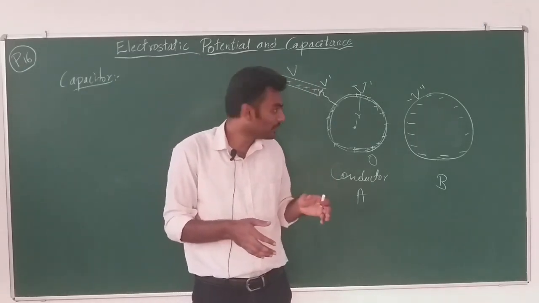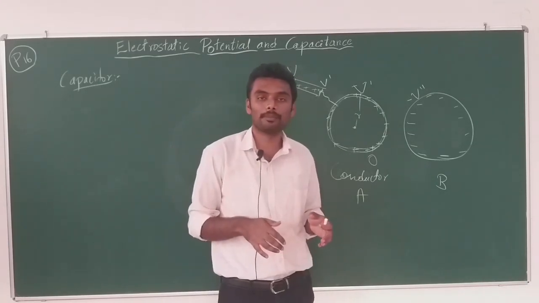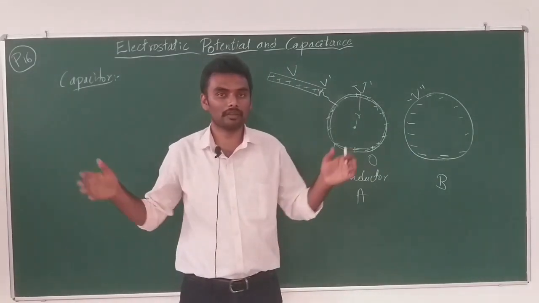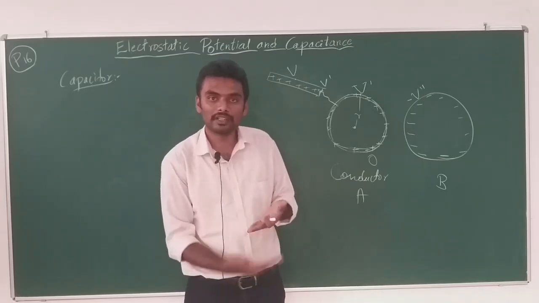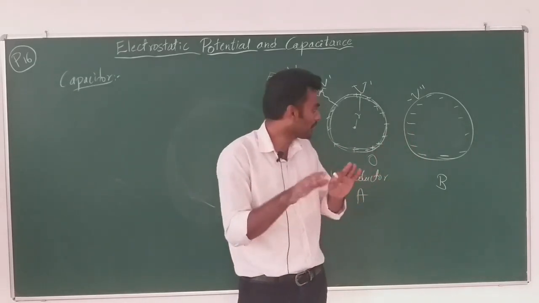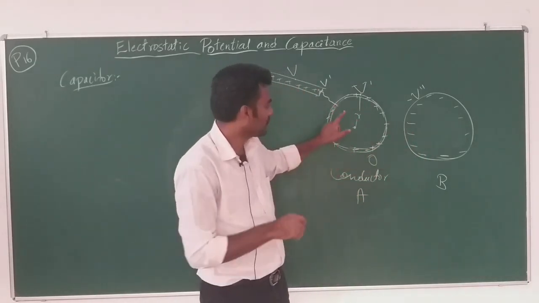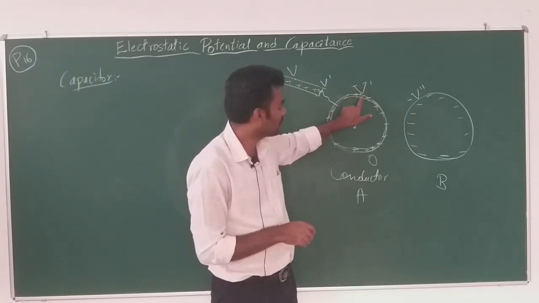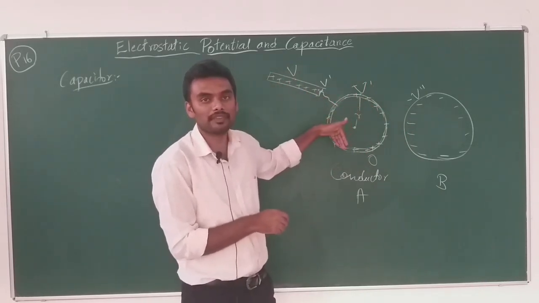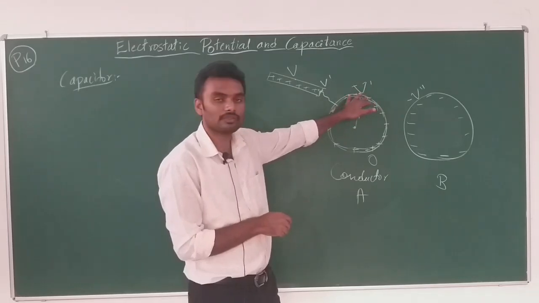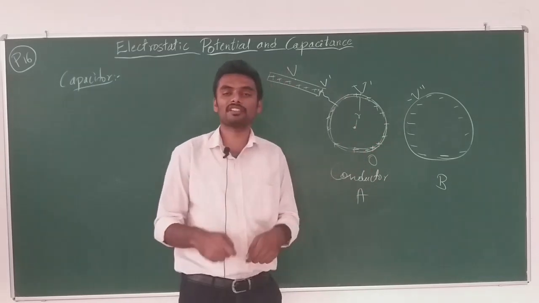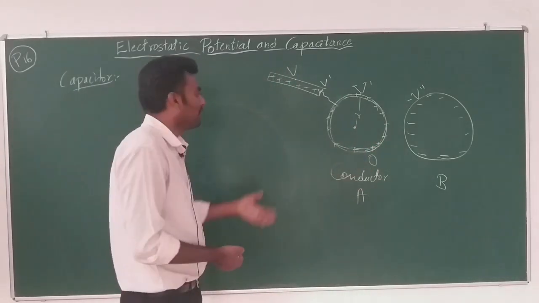Now one way to store more stones in the pit is either you increase the size of the pit, make it broader, or you make it deeper, so decreasing the potential, right? So negative potential is brought closer to that, somewhat similar, not exactly, but it's quite simple, mathematical. So now at this point it is potential due to this minus potential due to this, so the potential decreased, so more charges can plunge in. Finally it will attain V dash to a certain extent, and then the flow will stop, but its ability to store charge has increased without making it a larger one.